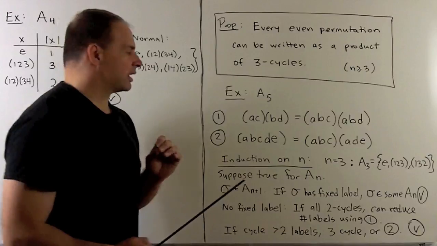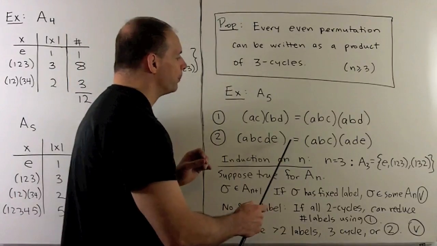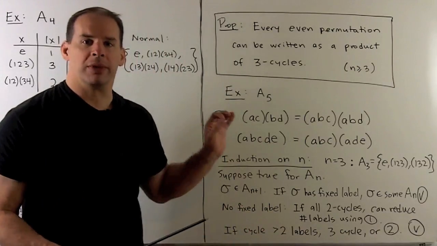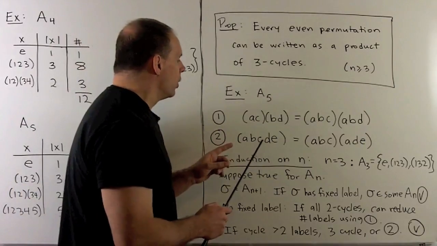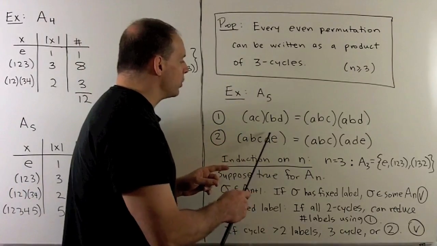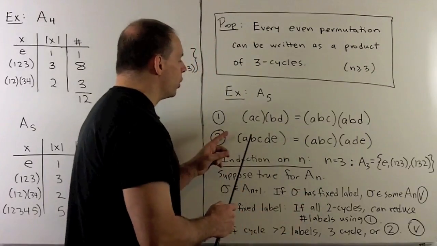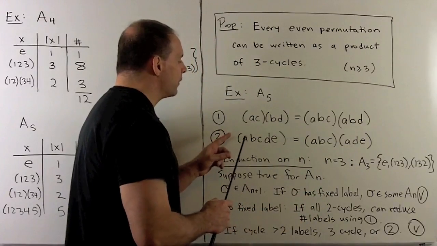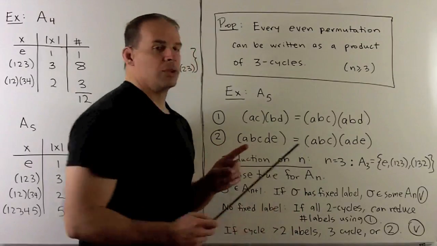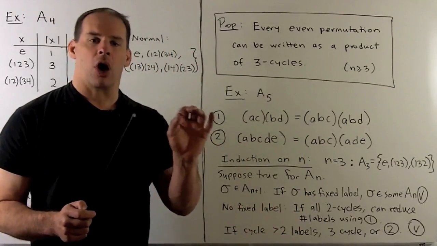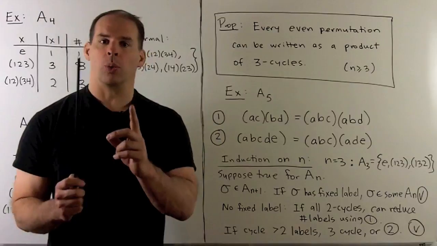I'll leave it to you to check the case for the 5-cycle. The way we should interpret this one is that we're taking the last 2 labels and pulling them off into their own 3-cycle. So we could keep applying this to pull off 2 labels at a time. This is good for reducing our long cycles to shorter ones.